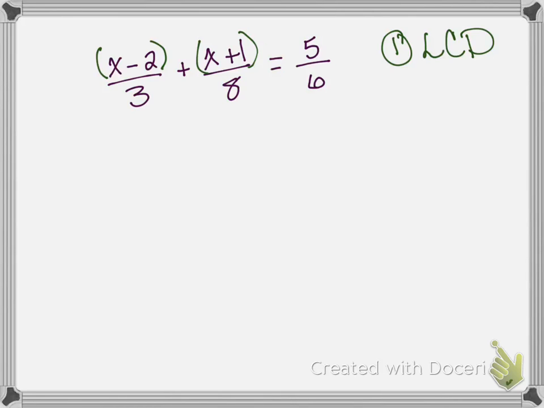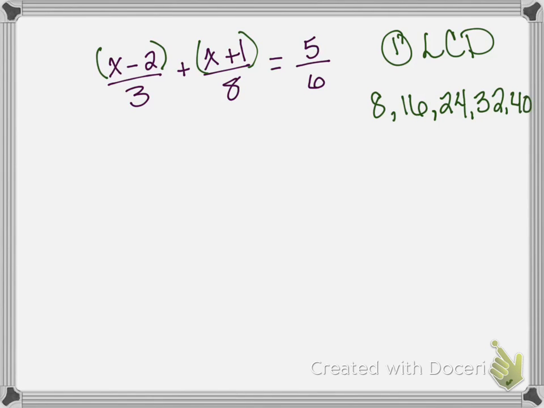What I want you to do is realize how you can find the LCD. Now we've got 3, we've got 8, and we've got 6. The way that I would do it is I would take my largest number. What's my largest number there? 8. And I'd start writing down the multiples of 8. So I have 8, 16, 24, 32, and 40.